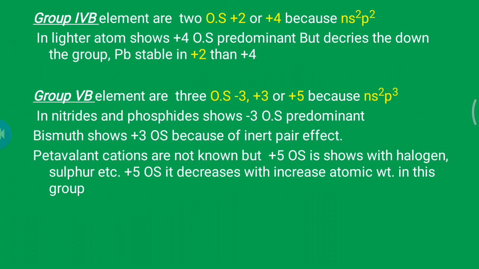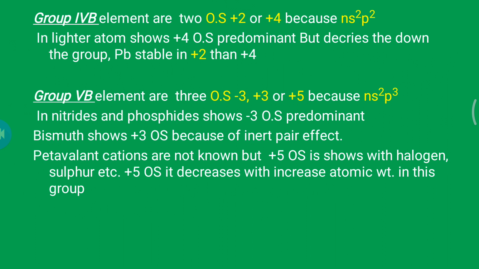Similarly, group 4B elements have two oxidation states. They may be +2 or +4 because their electron configuration is ns2 np2. If the two p electrons are lost, it forms a +2 oxidation state, and if all electrons in the outermost shell are lost, it forms a +4 oxidation state.